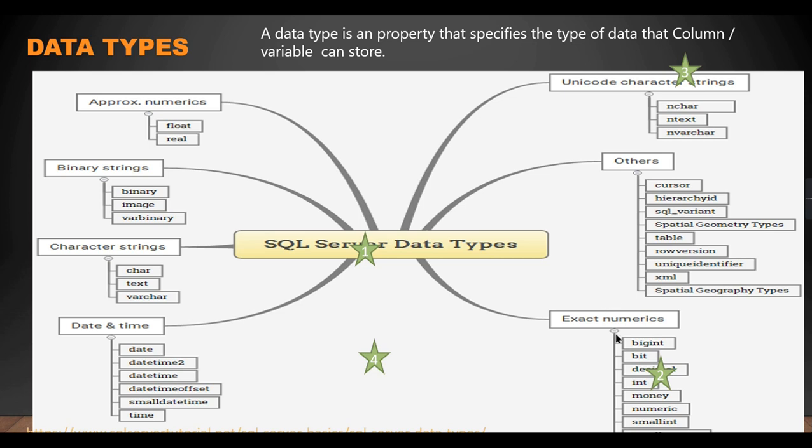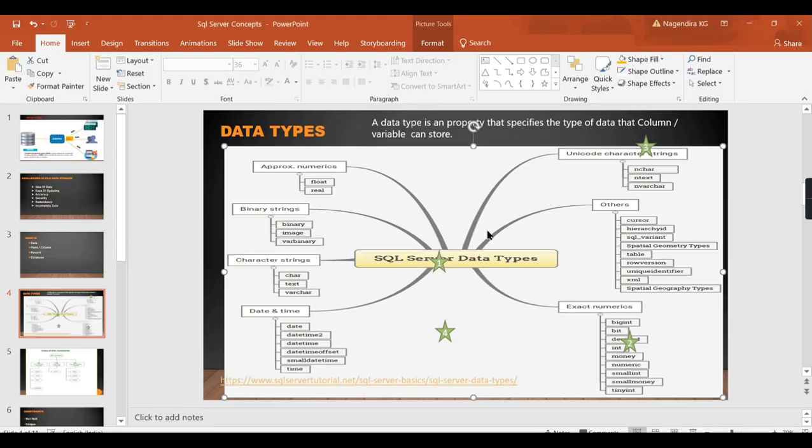The first preference is the big int, integer, numeric, small int. All these things are used to store the numerical values. There is a limit for each and every data type. I have given the link over here. I will share it in the description so you can watch that one. So each data type has the limit.